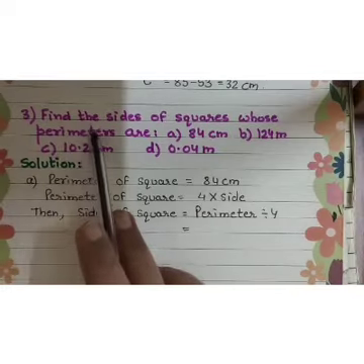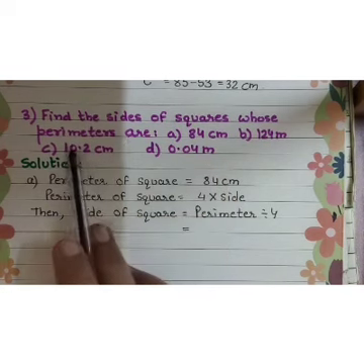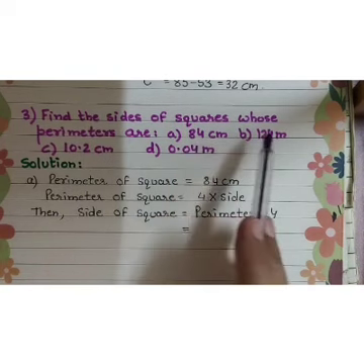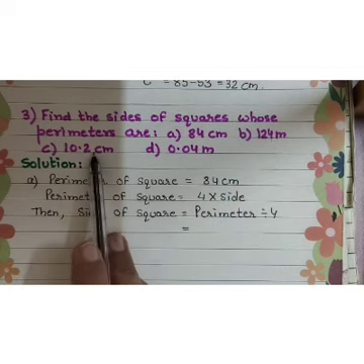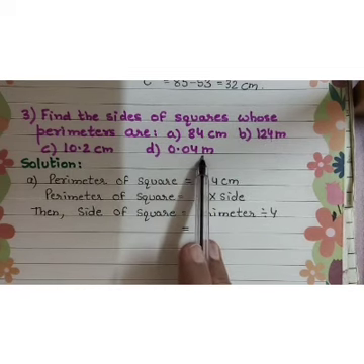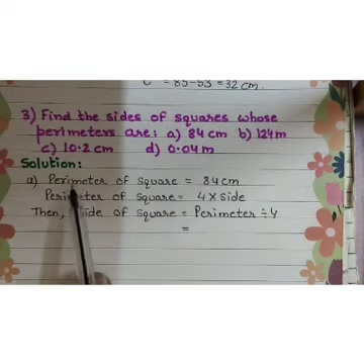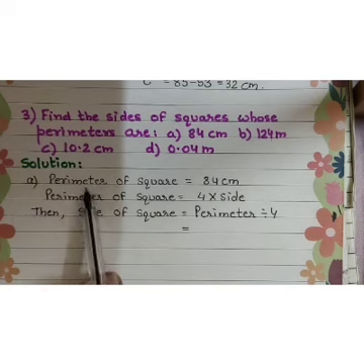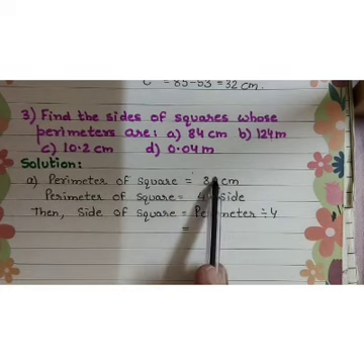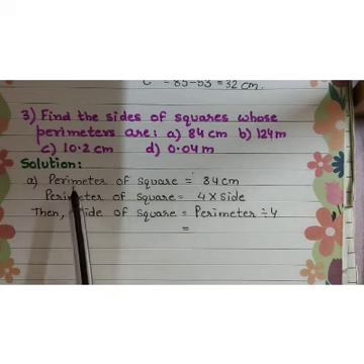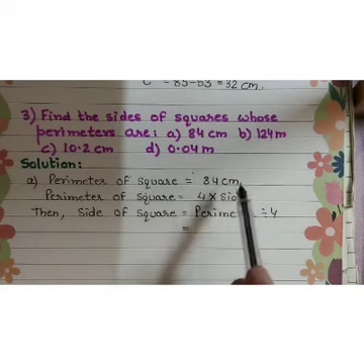Question third is, find the sides of squares whose perimeters are A 84 centimeter, B 124 meter, C 10.2 centimeter and D 0.04 meter. Now, we will solve A part first. Perimeter of square we have given 84 centimeter. We know that formula for perimeter of square is 4 multiply side.